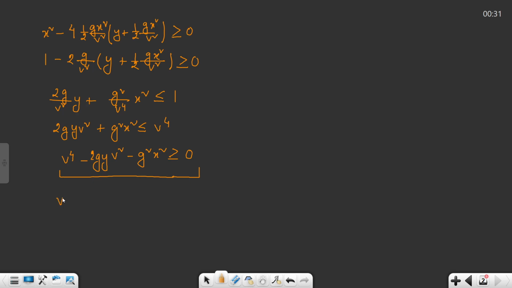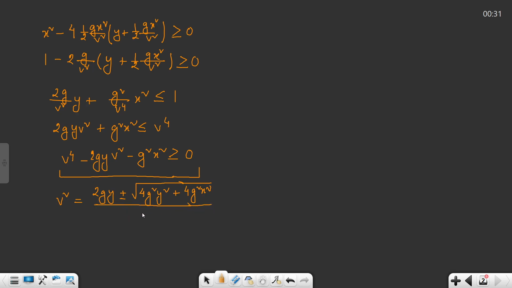Let's solve for v squared. We know for v squared, this thing, let's put it there, okay, plus minus, of course, my bad, plus minus 4g squared y squared plus 4g squared x squared. Well, that is quite nice looking thing over there.